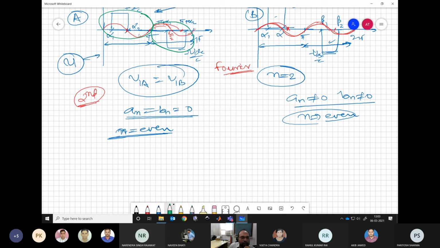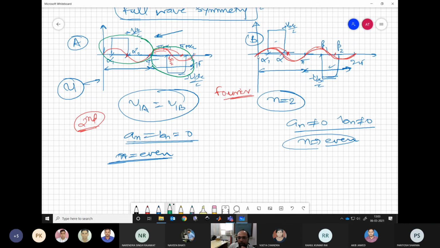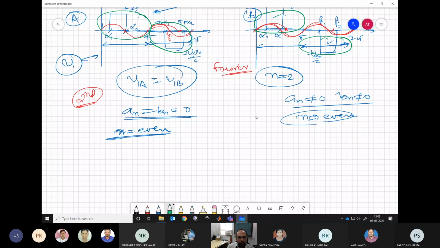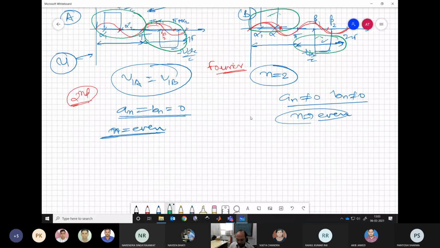So which is why the average, if you take for the second harmonic, will sum up to 0, which is not true for waveform B. It may have a different average for the positive half and negative half, because these two wave shapes are not equal. So this kind of symmetry where we maintain the inversion, whatever we have in the positive half, we just invert in the negative half, is called the half wave symmetry.